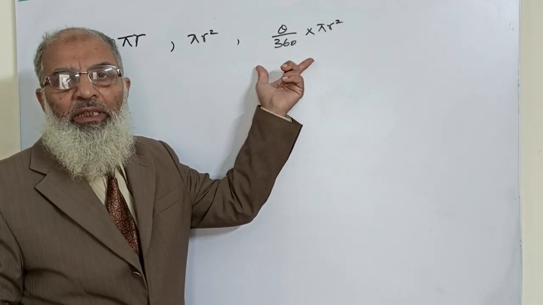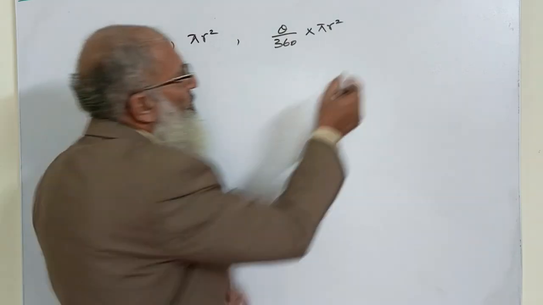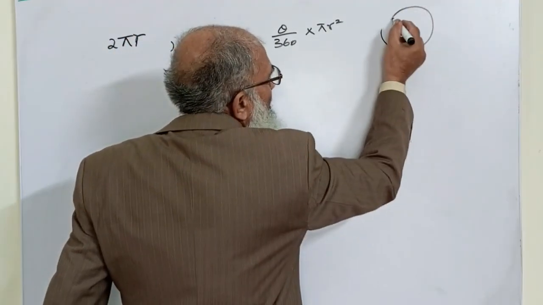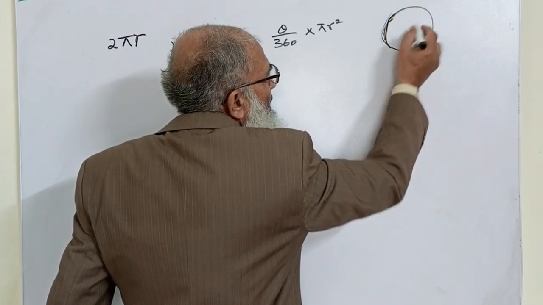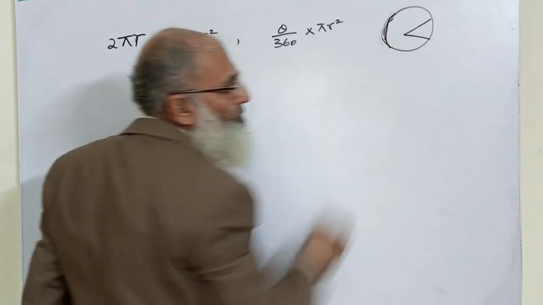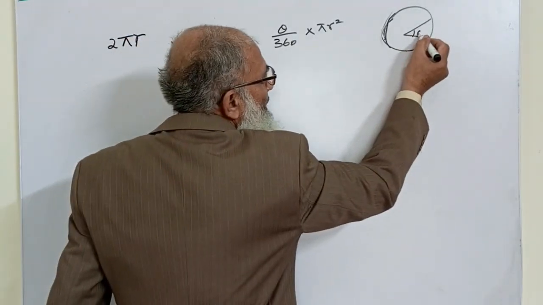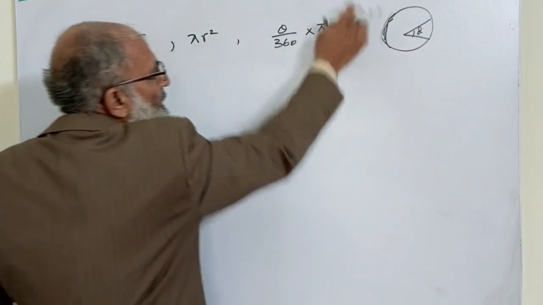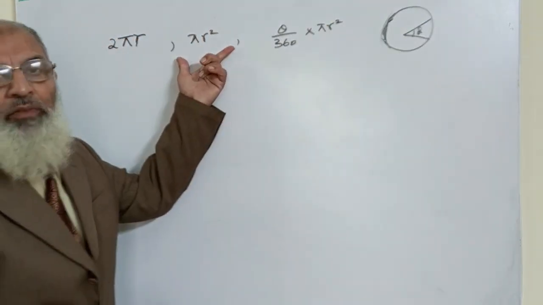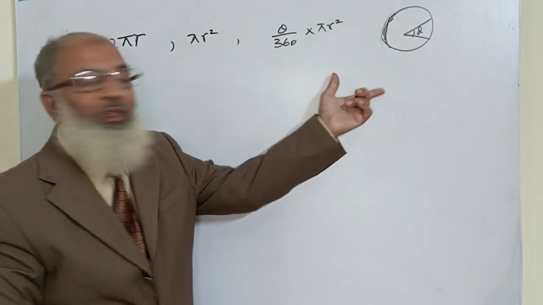For example, this is a circle, very bad circle, and this is your sector, and the angle is theta. Then theta upon 360 multiplied by the area of the circle. Now it is very simple.